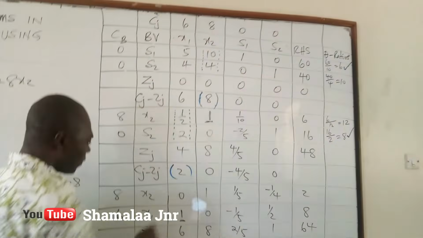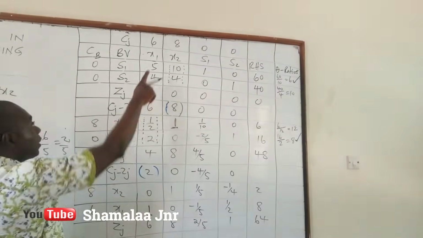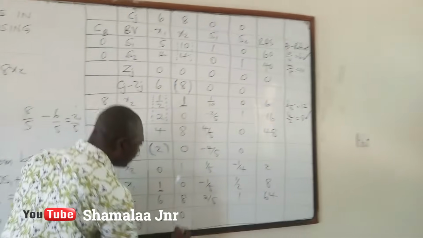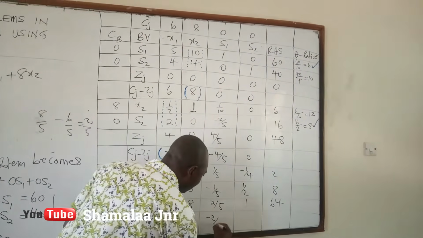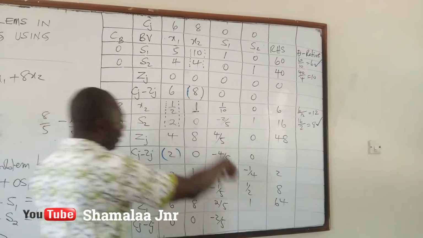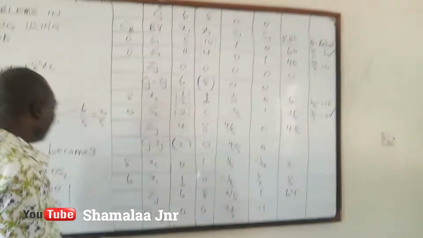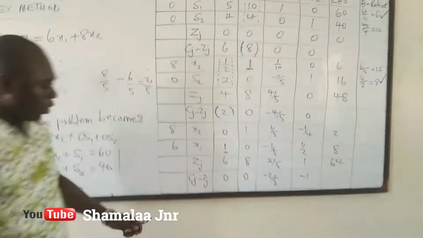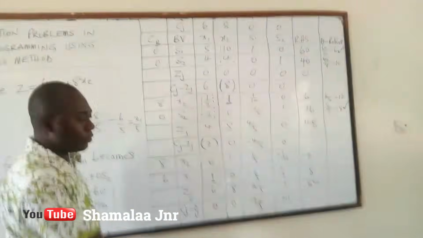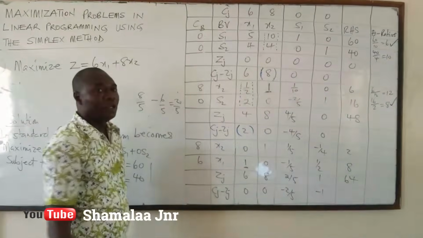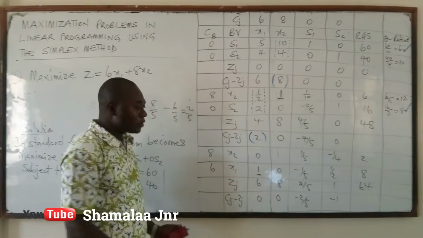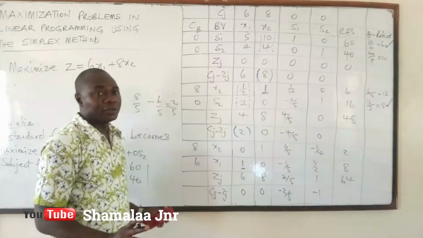The Cj values are 6 minus 6, this one is 0. 8 minus 8, this is 0. 0 minus 2 over 5, negative 2 over 5. 0 minus 1, negative 1. So now you can see that all the Cj minus Zj values are less than or equal to 0. So you have every license to stop because the optimal solution has been found.